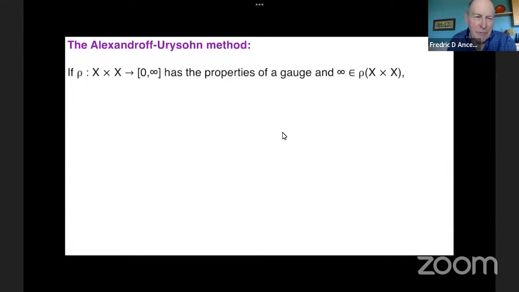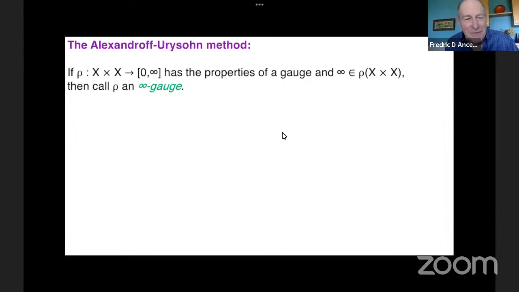Okay, let's see. So I wanted to talk about this old technique from the 1920s of Alexandrov and Urysohn. I went backwards. I need a more general notion than a gauge. Suppose you have something that has all the properties of a gauge, but it takes on the value infinity as well.